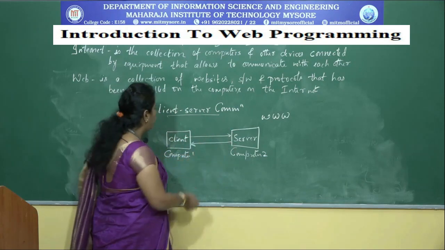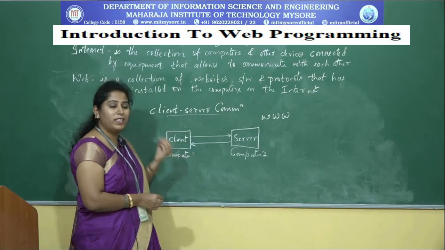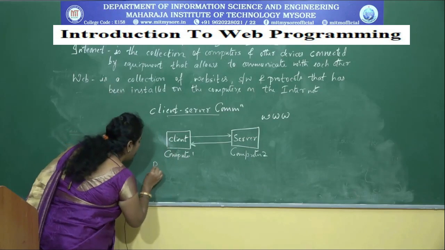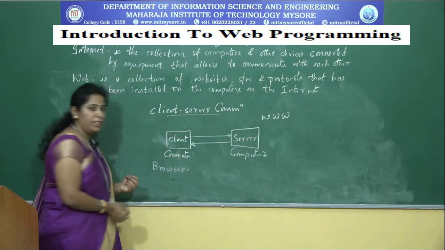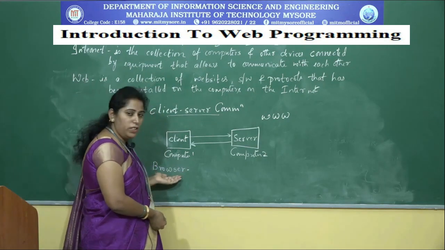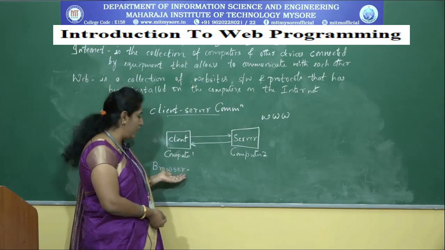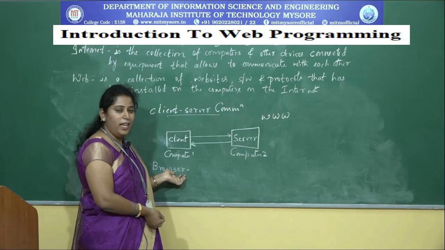From the client side on the web, how is the request started? You know a term called browser. Through a browser, a client requests a server to provide the necessary resources.